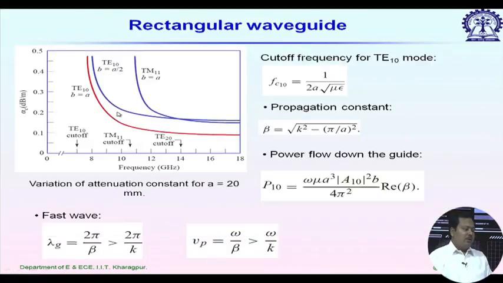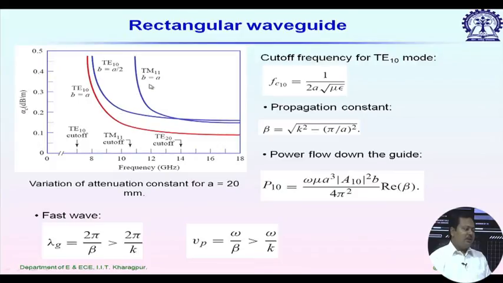As we change the thickness B, the electric field value increases with decreasing B, and not only that, the current density on the metal surface also increases with decreasing B. So, we expect the attenuation constant due to this ohmic loss to be more for a reduced height, as we can see here also.